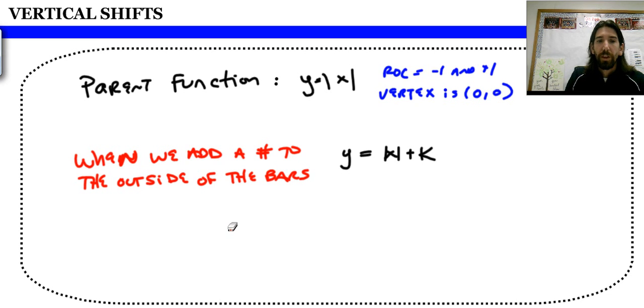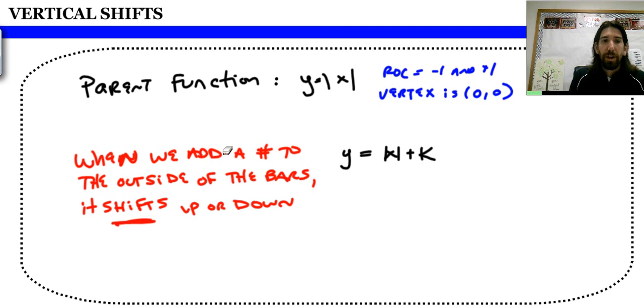Okay? When we add a number to the outside of the bars, it shifts. That's the key word. Shifts up or down. Okay, and I'm going to come back here and say add or subtract.